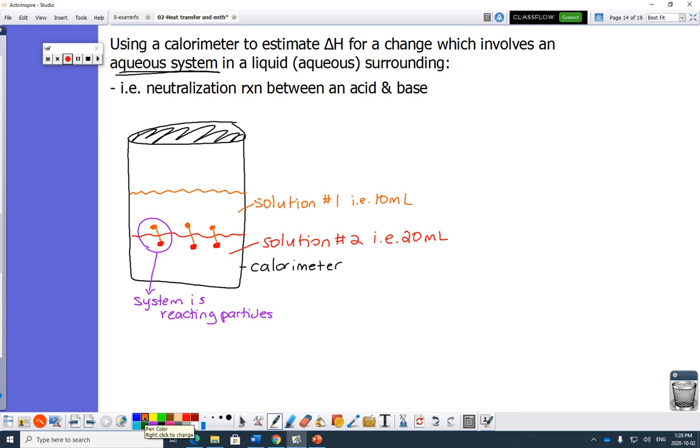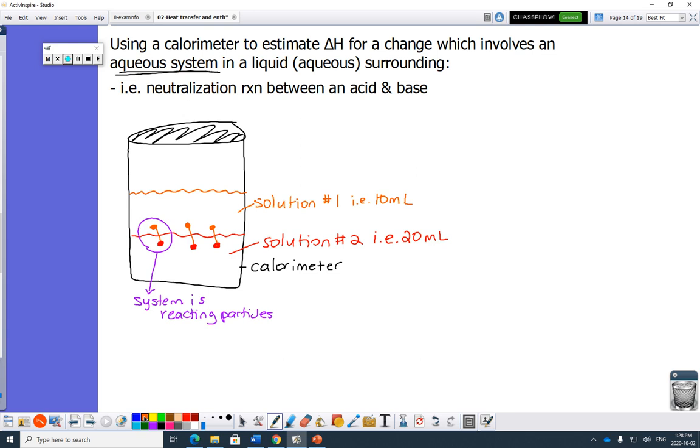So one more time, when you have an aqueous solution, the particles dissolve in the water because they fit in between the water molecules. The volume doesn't change. The, what's it called? The density doesn't change. Specific heat capacity doesn't change.